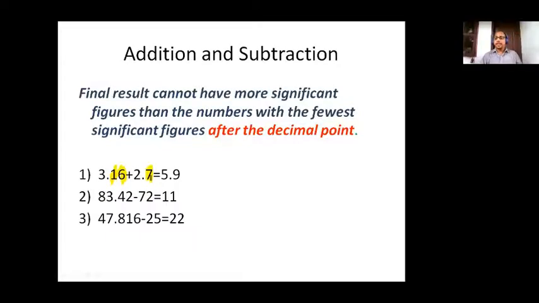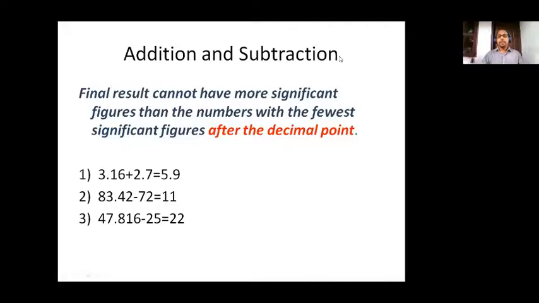So the final answer can have only 1 digit after the decimal. We get 5.86, and we round the number to 5.9.